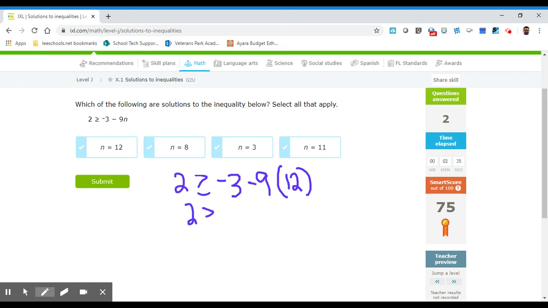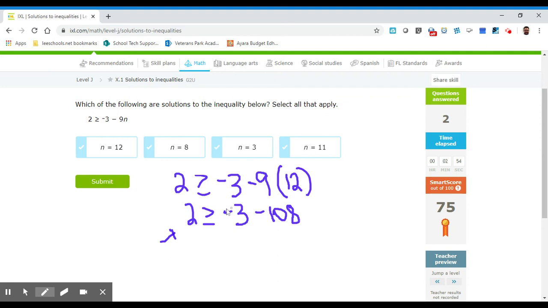2 greater than or equal to, and remember, the mouth always is eating the bigger side. So 2 has to be bigger than whatever is on this side. So this is negative 3. Negative 9 times 12 is negative 108.